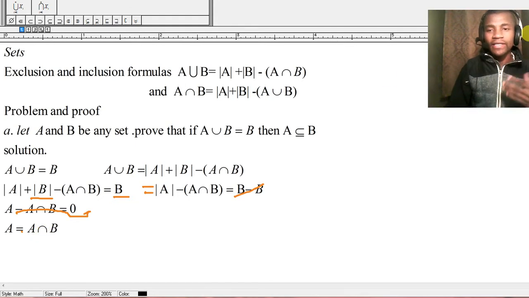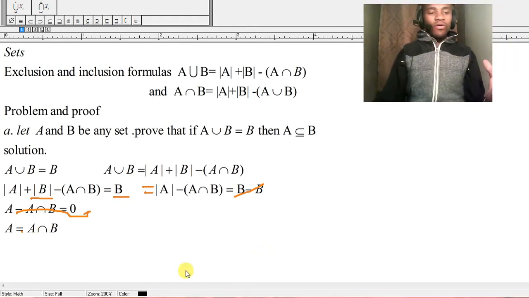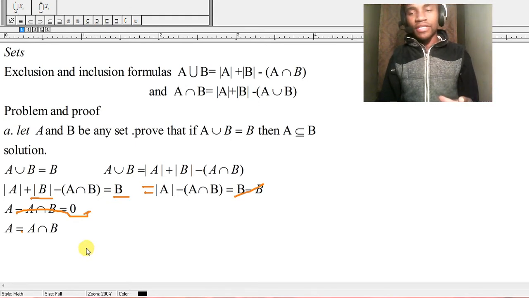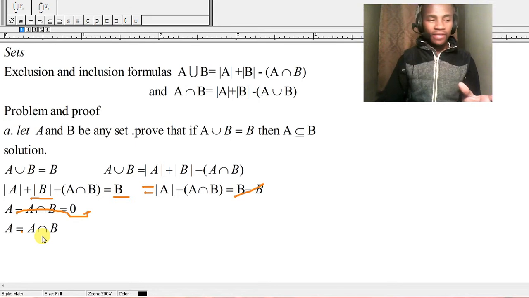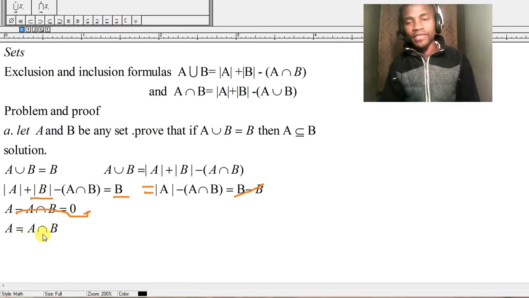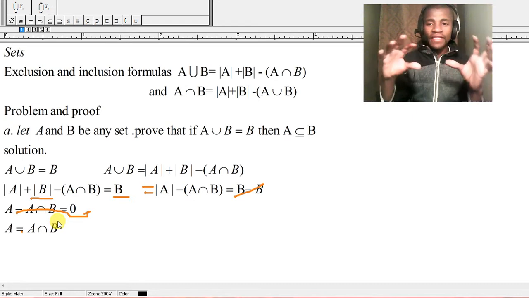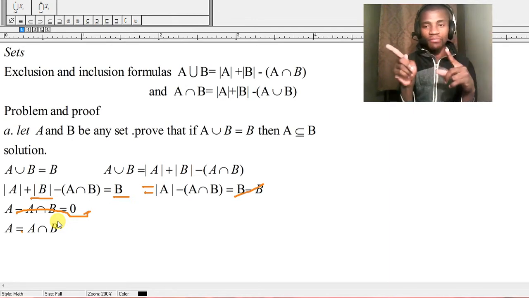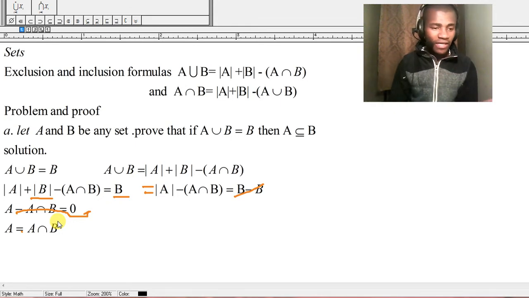So this thing is saying what is in A is also in B, or is also a sub part of B, because we are saying the intersection part is what is found in both A and B. So this is pretty simple and straightforward.